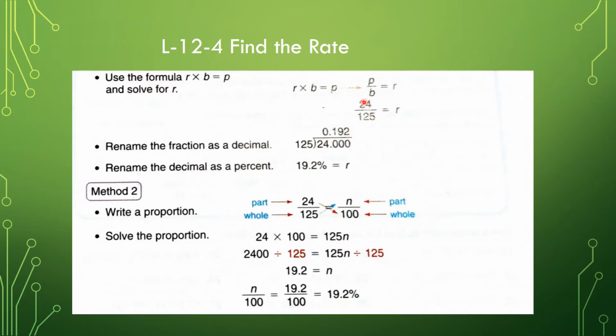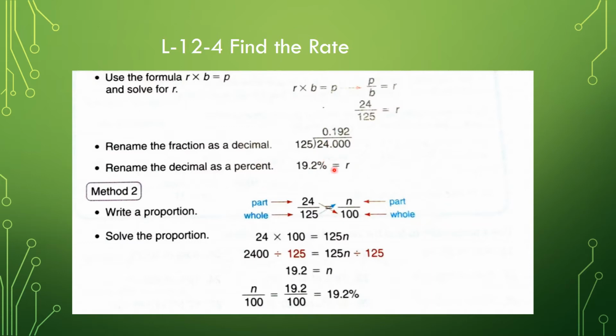The same question: how many are there? 24 batting champions out of 125, find the rate or percent. Here you can find the decimal using the long division method. 24 divided by 125. You can see 125 is bigger than 24, so put the decimal and 0.